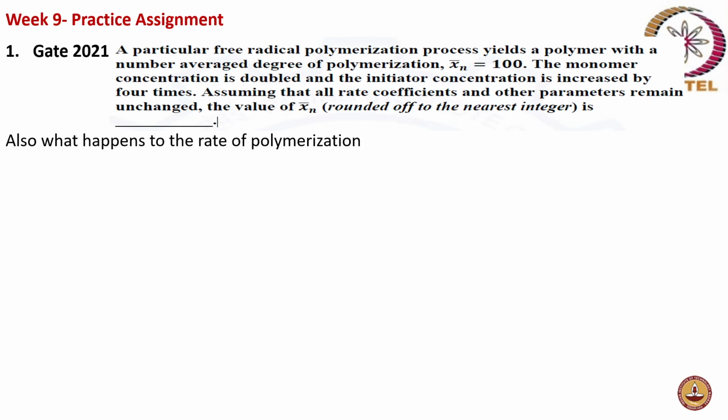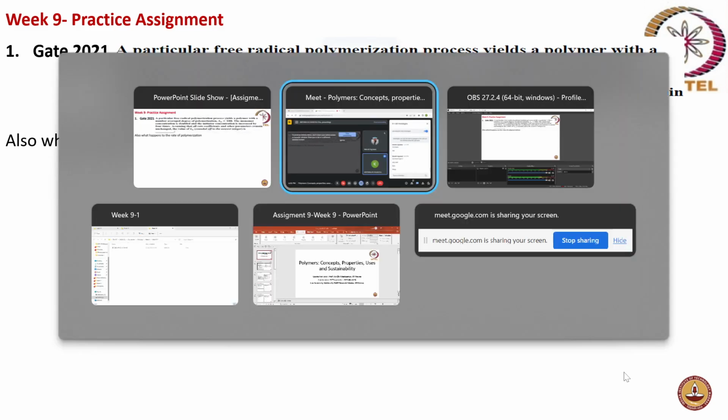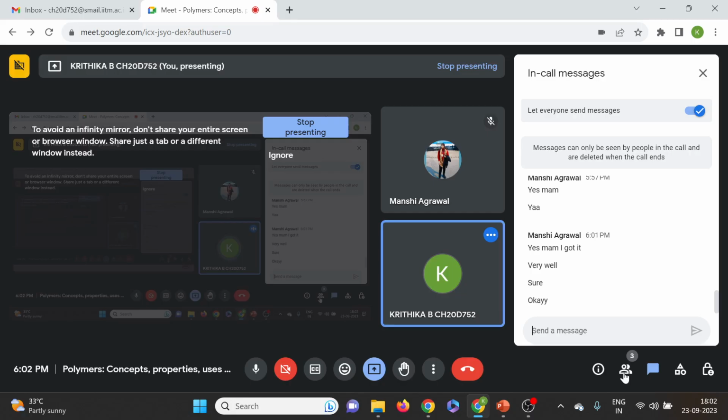The next part of the question is what happens to the rate of polymerization. So these are the two questions. Any idea on how to proceed with this?